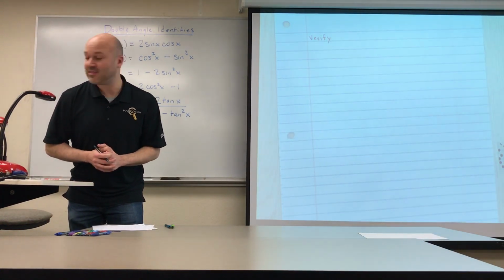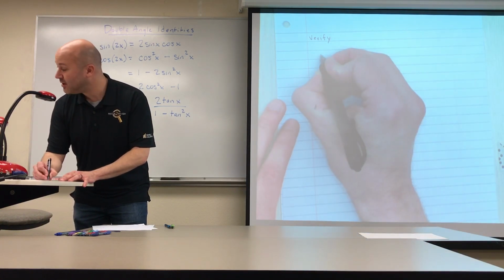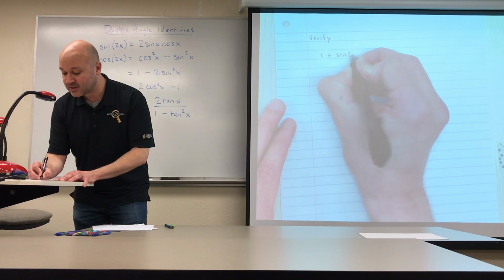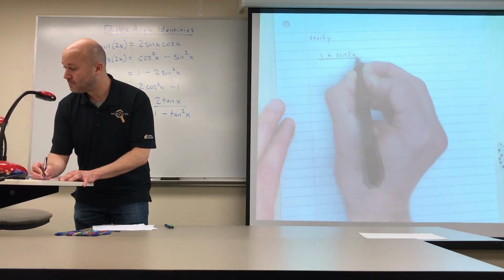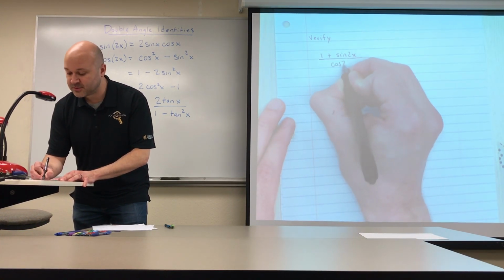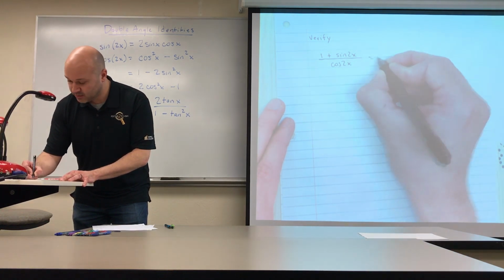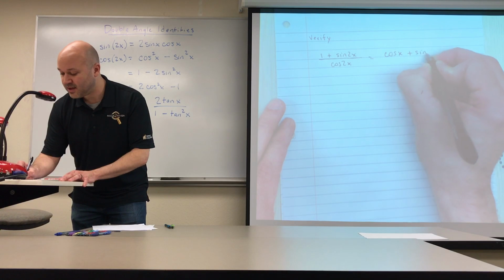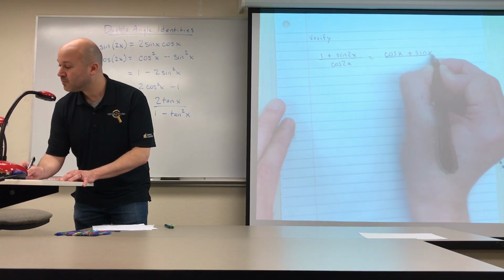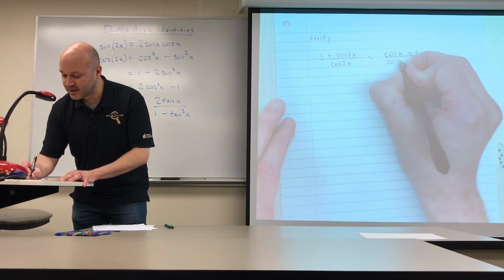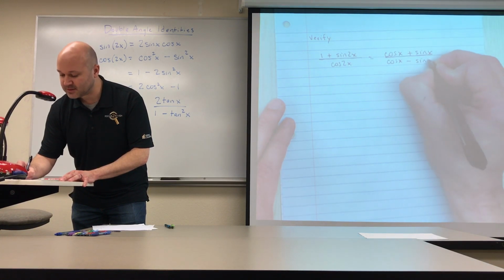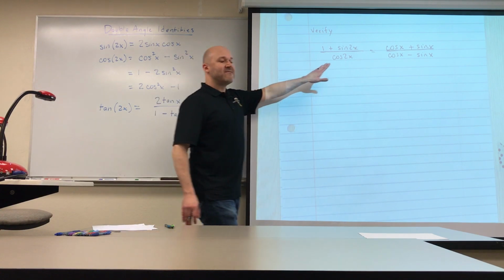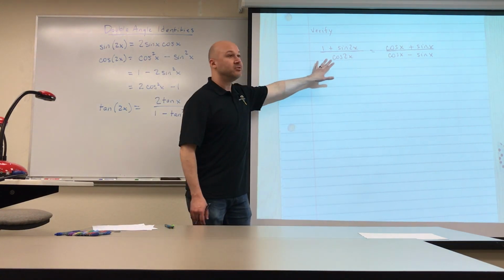I'd like to verify the following trigonometric equation: 1 plus sine of 2x over cosine of 2x equals cosine x plus sine x over the difference, cosine x minus sine of x. I want to verify that these two are indeed equal.